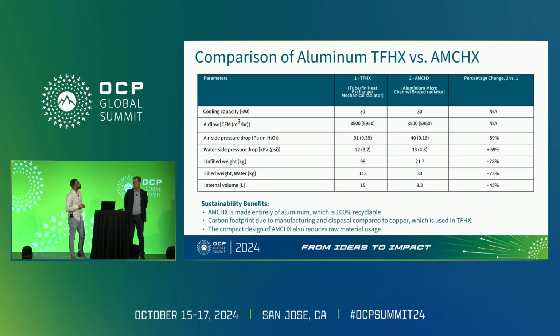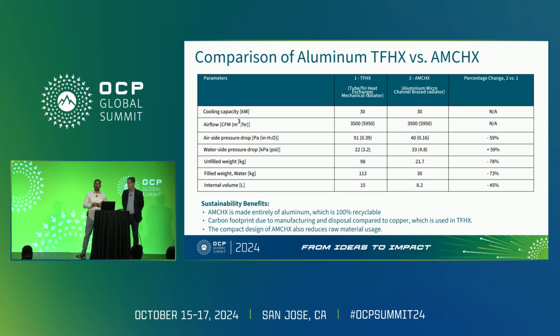Now I want to do a small comparison between a finned tube heat exchanger, which is what we have today in the market, and the aluminum microchannel heat exchanger. When we take the same cooling capacity of 30 kilowatts for the two versions, and the same required airflow for the two heat exchangers, we see an increase of the water side pressure drop of 59%.